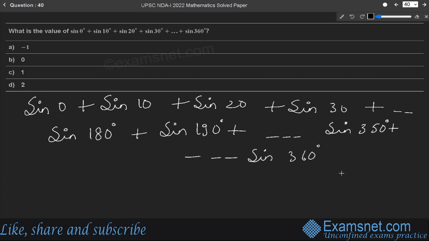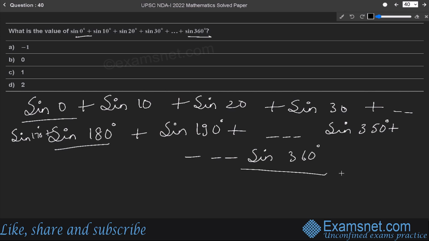And also you can write one or two values if you want. We can write here sin 170 plus it goes on. See, the values are between 0 and 360. So I have written some of the values. Now firstly we know that sin 0, sin 180 and sin 360 will be equal to 0.